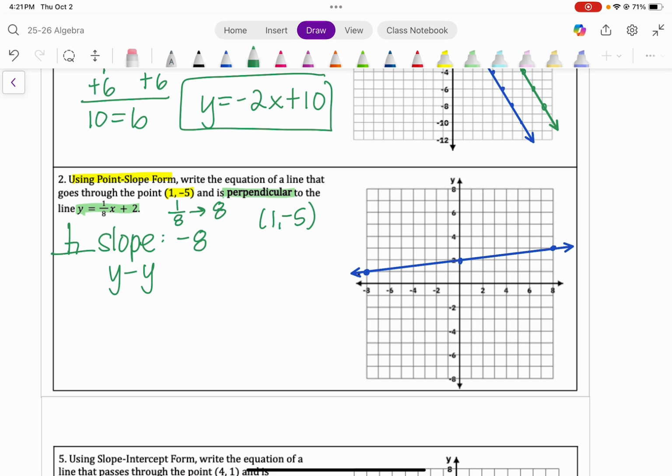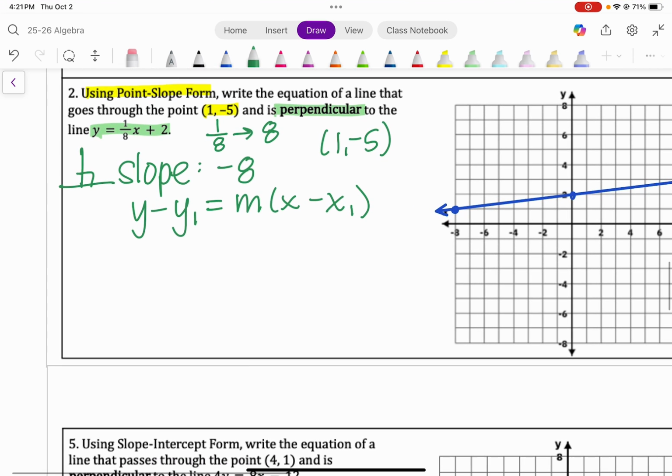So my formula is y minus y1 equals m times x minus x1. So y minus negative 5. Whoops, instead of doing y minus negative 5, we're just going to write that as y plus 5, equals my slope, negative 8, times x minus, substituting 1 in for x.